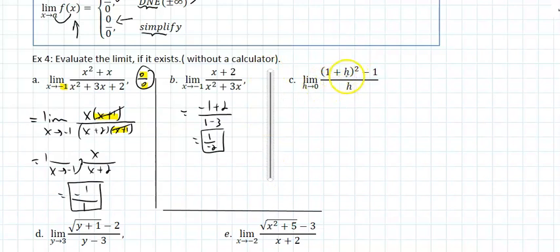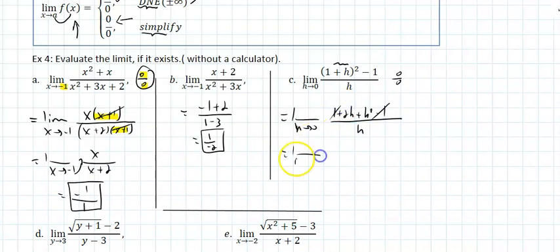Here you substitute 0 for h, you get 1 squared minus 1, that's 0 over 0, so we're going to use manipulation. What can you do here? Well, you could FOIL this. That's 1 plus 2h plus h squared minus 1. The ones cancel out. Limit as h approaches 0 of 2h plus h squared over h.